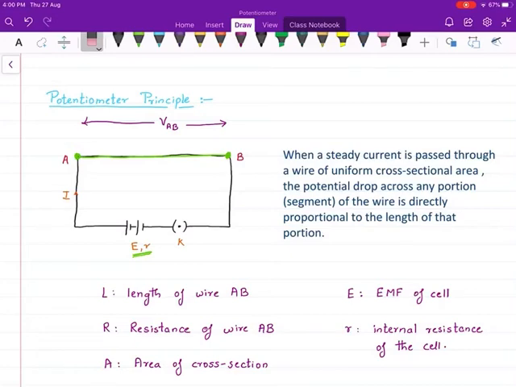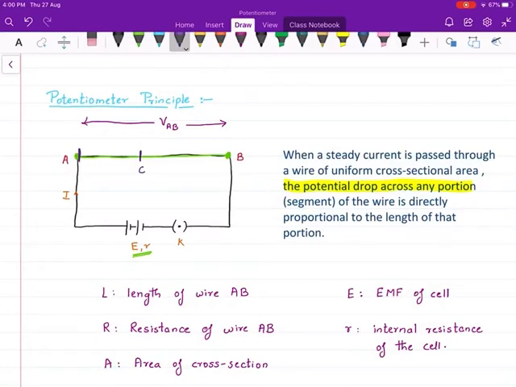What does that mean? That when a steady current is passed through a wire of uniform cross sectional area, that is, when you are passing current I through this wire AB, then what is happening? The potential drop across any portion. If you take any portion of this wire, suppose I consider just one part, that is from this point A to some arbitrary point C. Okay, I am considering this part of the wire.